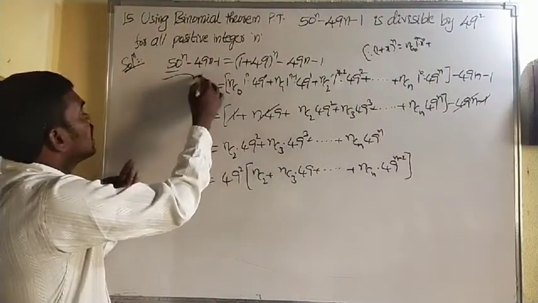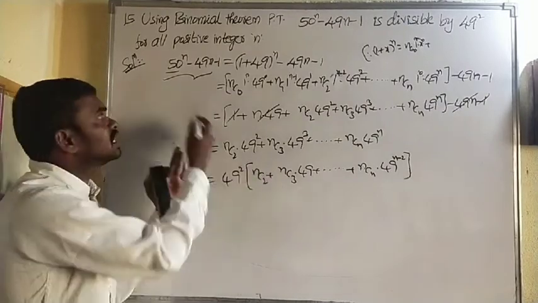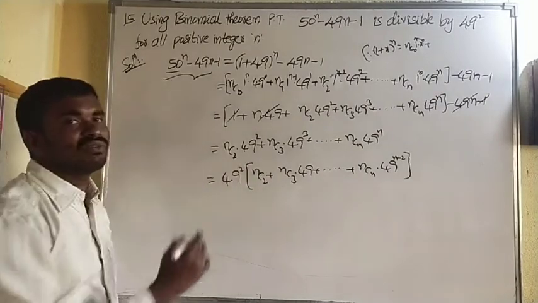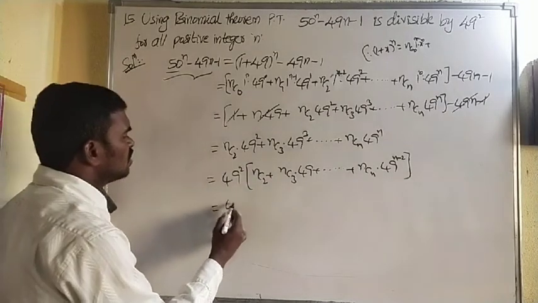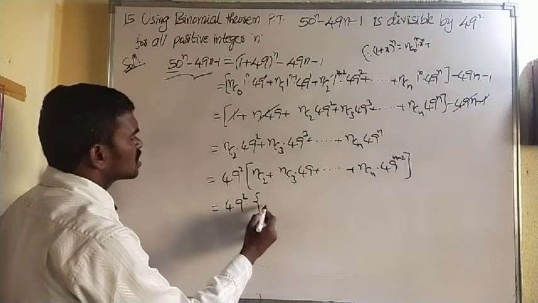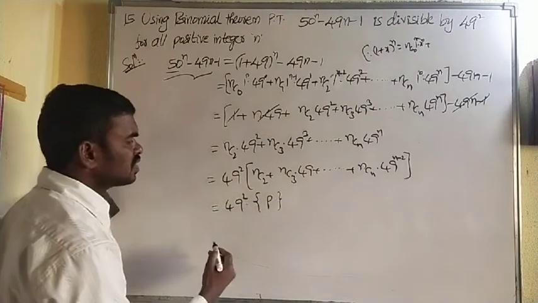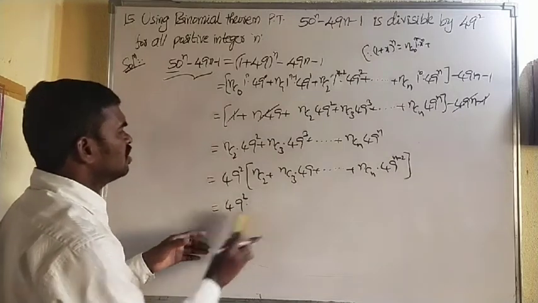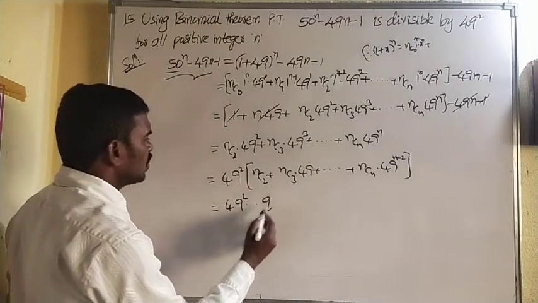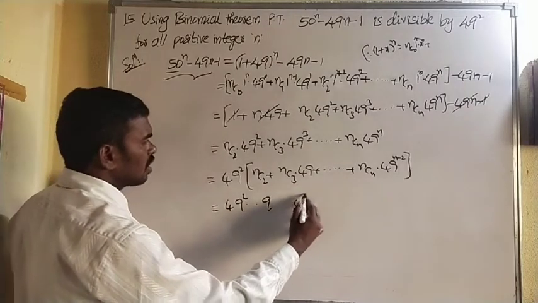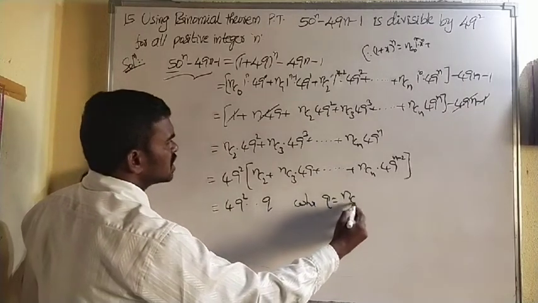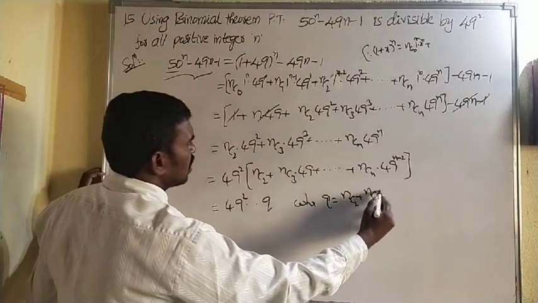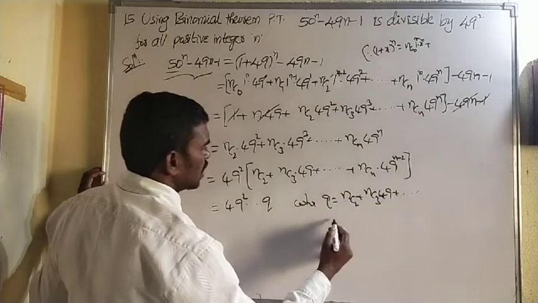This is written as 49 square into something, which means it is 100% divisible by 49 square. So it is 49 square into q, where q is NC2 plus NC3 into 49 plus so on.